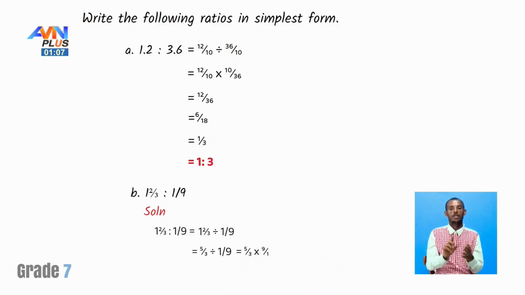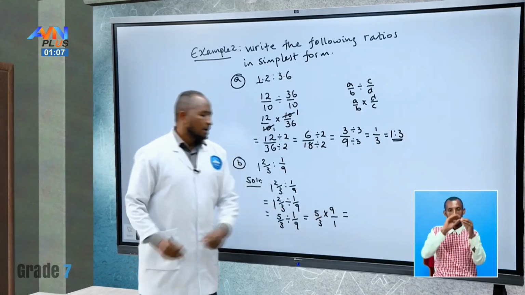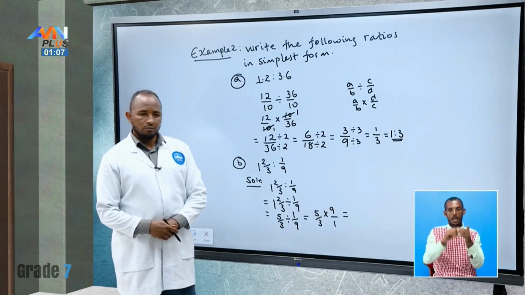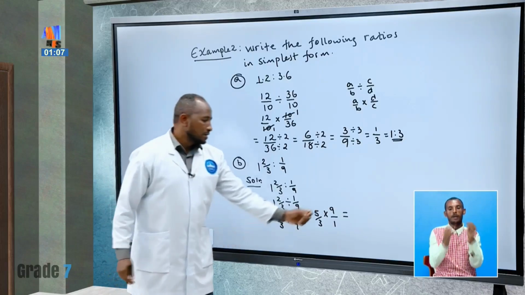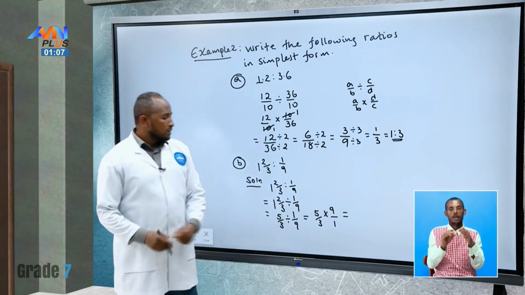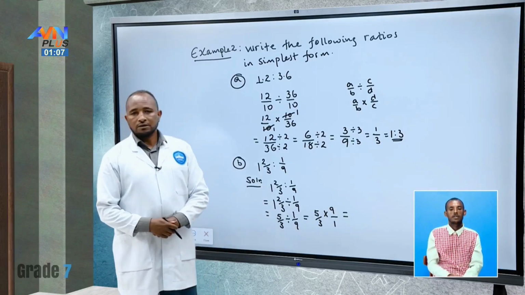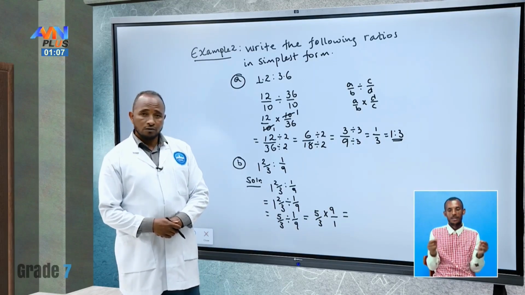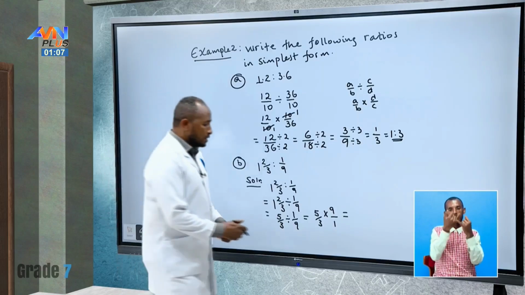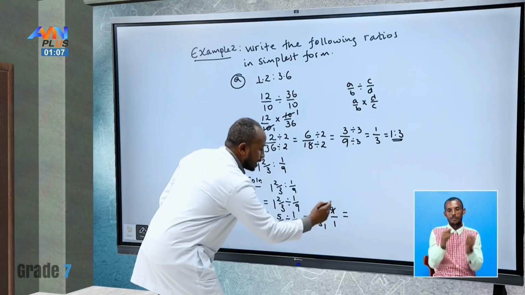Before multiplying, you can change this into the lowest term by dividing by the same number found in the numerator and denominator. Here, 9 and 3 have a common factor, 3. So, let's divide both by 3. 3 divided by 3 becomes 1. When you divide 9 by 3, it becomes 3.